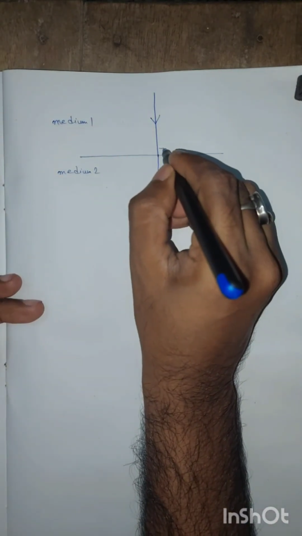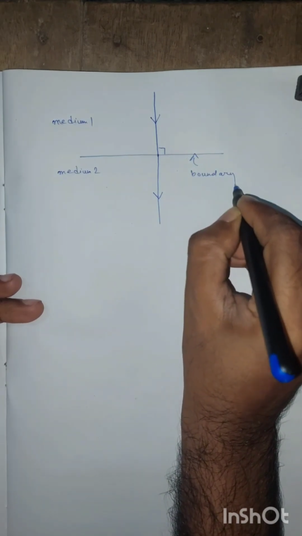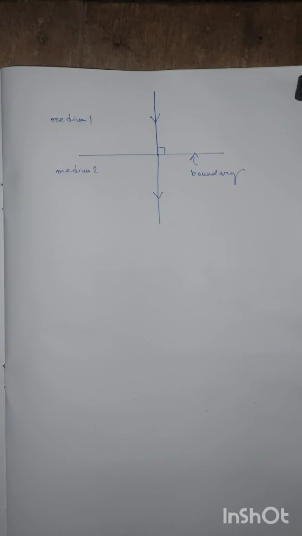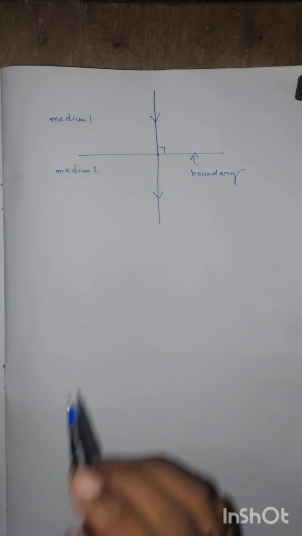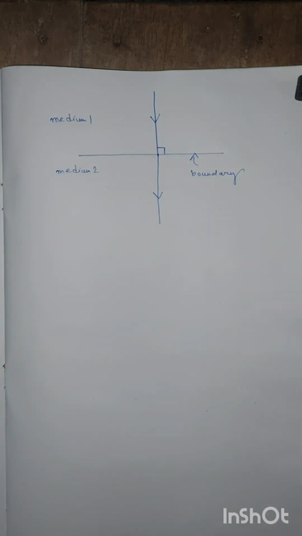So this is 90 degree. Okay, this is the boundary. So when the light ray, instead of striking the boundary obliquely, if it strikes perpendicularly, then it suffers no deviation. So the light ray enters the second medium without suffering any deviation.